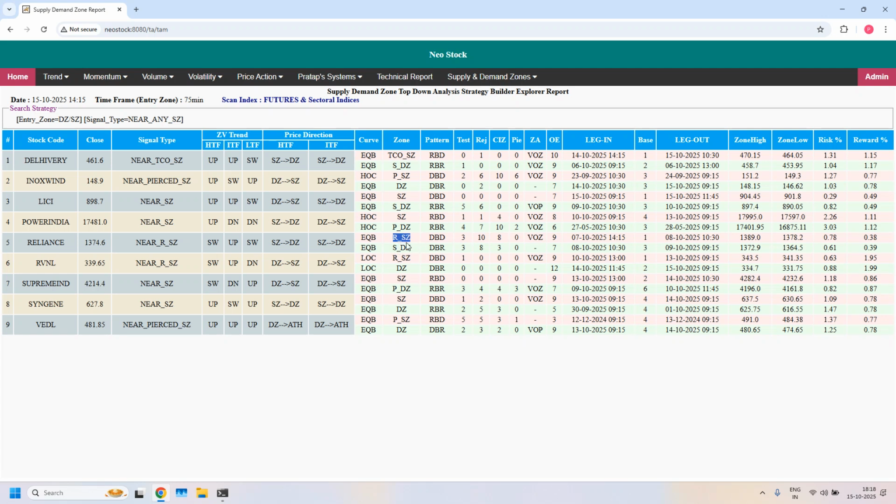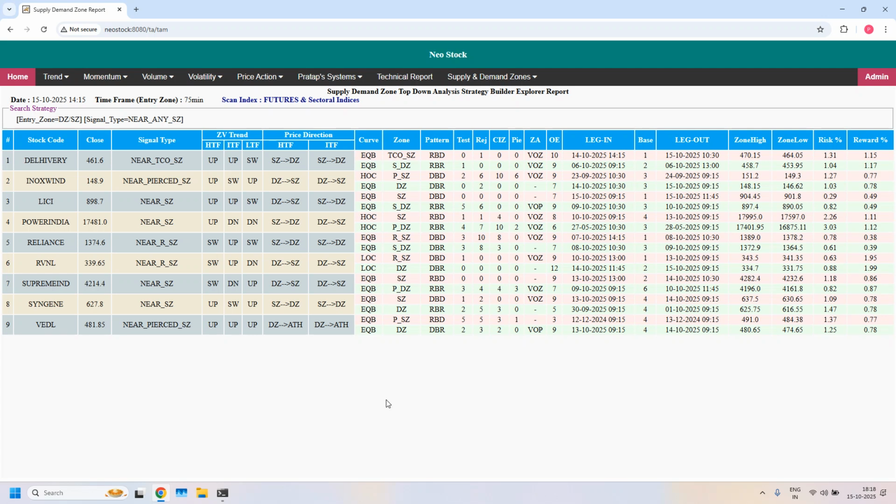So on either side you may get trade opportunities, even though it is in the stocks near 75-minute supply zone list. And the next one, RVNL is having a 75 minutes high liquidity supply zone. That's it. We got two 75 minutes high liquidity supply zones from this list.